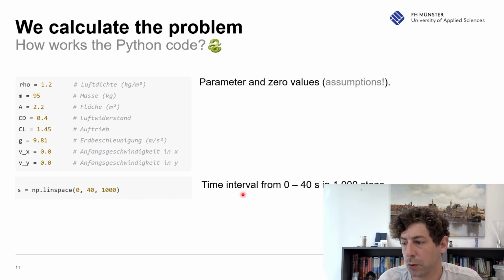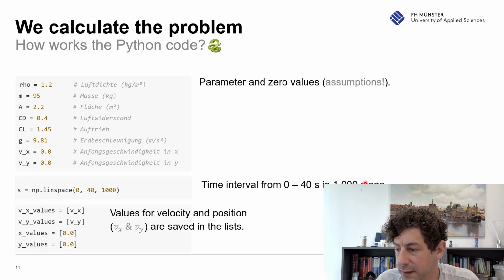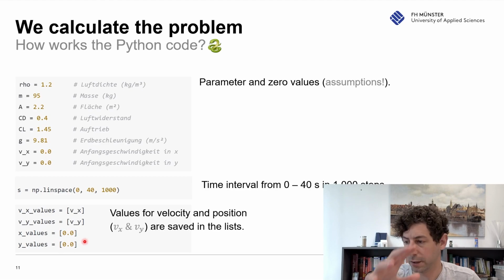This is what we need always for our simulations, right? Time interval from 0 to 40 seconds in 1000 steps. And we have some starting values, so the values for velocity and position. There's a starting velocity which is set to 0, but you could also do the same calculation with a starting velocity already, but he starts at position 0x and 0y in the coordinate system.